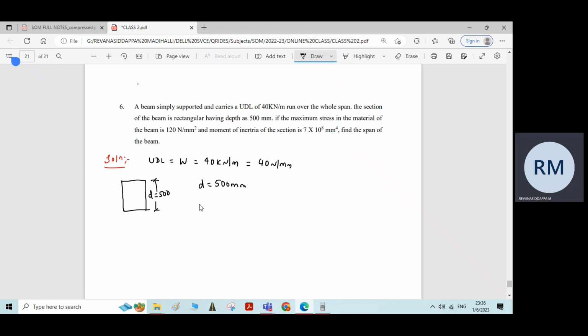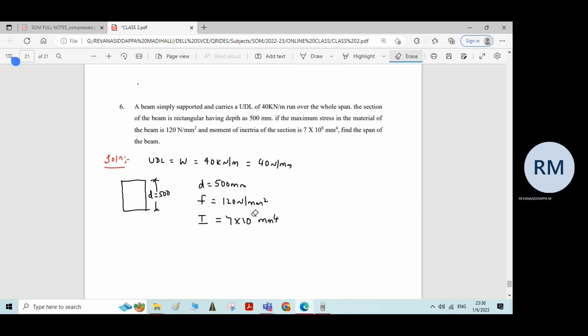If the maximum stress in the material of the beam, maximum bending stress is given 120 Newton per mm square. And the moment of inertia is also given, that is 7 into 10 power 8 mm raised to 4. Find the span of the beam. We have to find the length of the beam.